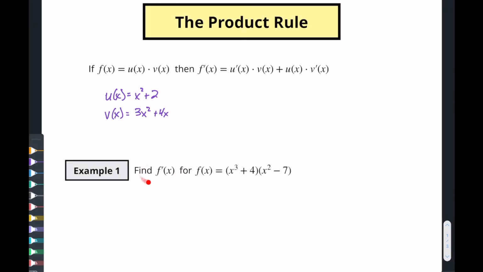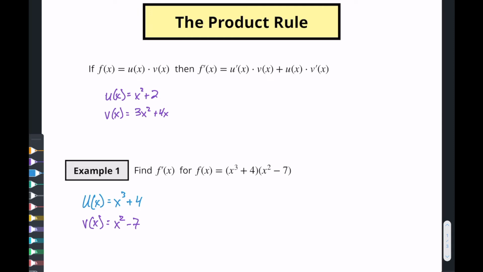Here we've got: find the derivative of f of x if f of x is (x cubed plus 4) times (x squared minus 7). One way that you can organize your information is to write out all the different pieces. Some people I've seen write out, okay, I'm going to call u of x that x cubed plus 4, and I'm going to call v of x that x squared minus 7.